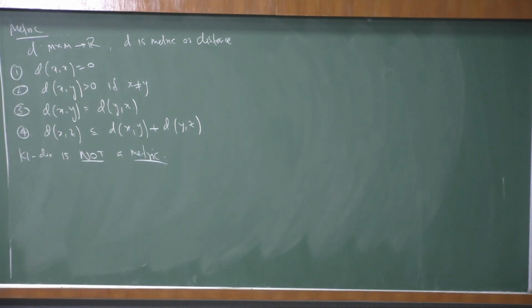Having a metric would have led you to many interesting things like topology, defining a topology on this, and carrying over the real analysis for KL, but unfortunately it won't happen. But many of the other properties are satisfied. This is satisfied for KL, this is satisfied for KL. I have not verified the triangle inequality, but most likely it doesn't satisfy.